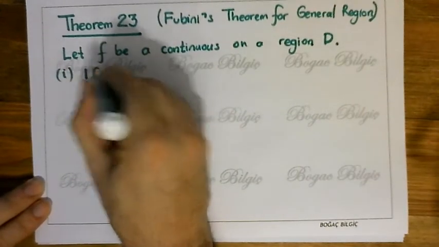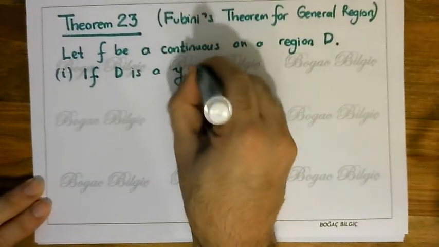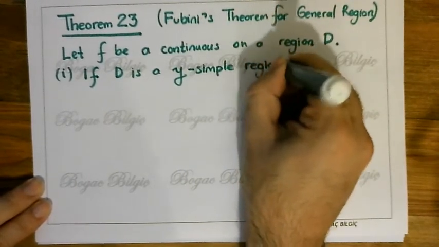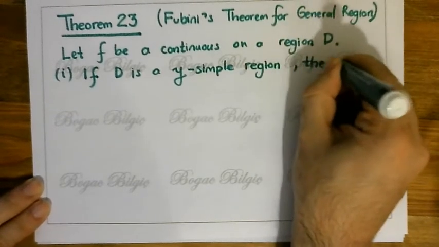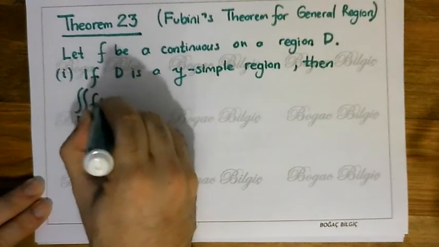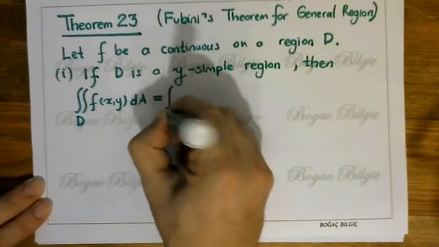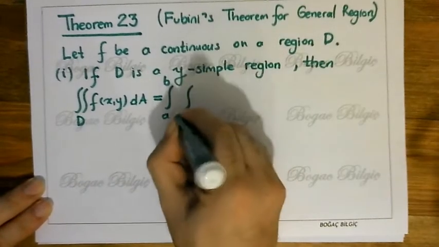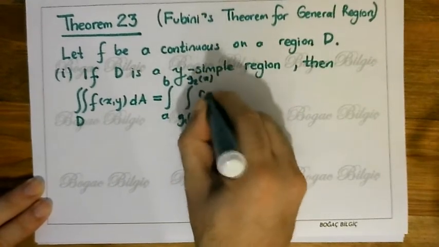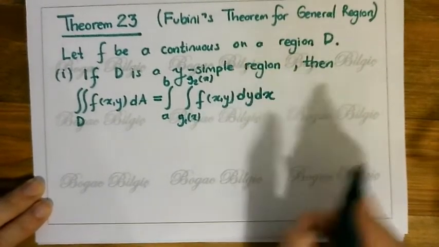If D is a y simple region, then the double integral over D of f(x, y) dA is equal to the integral from a to b, from g1(x) to g2(x), of f(x, y) dy dx. 2.